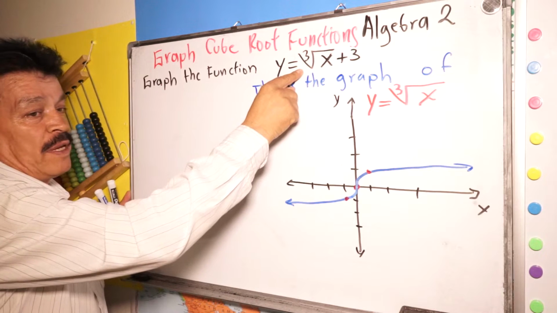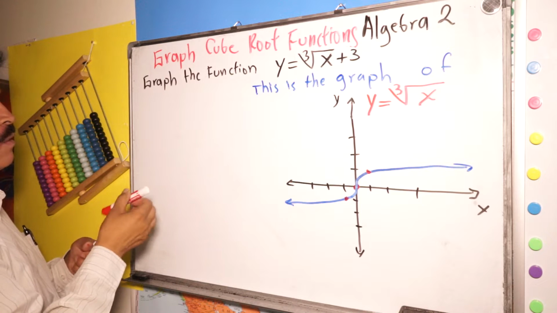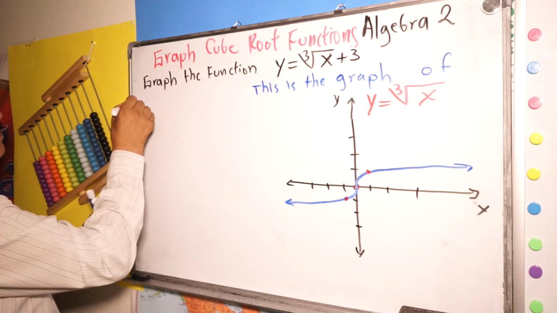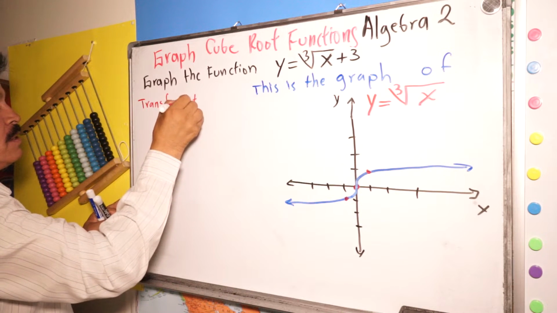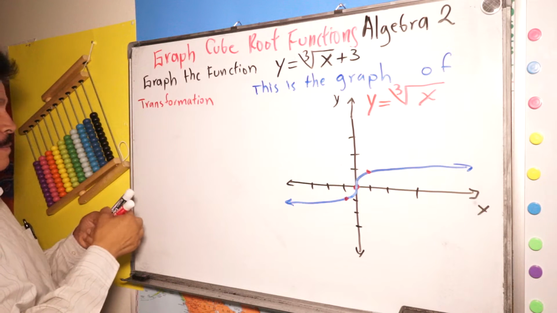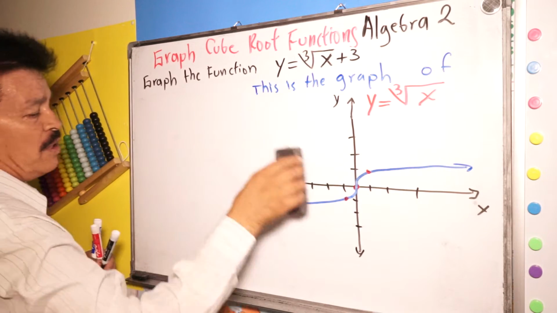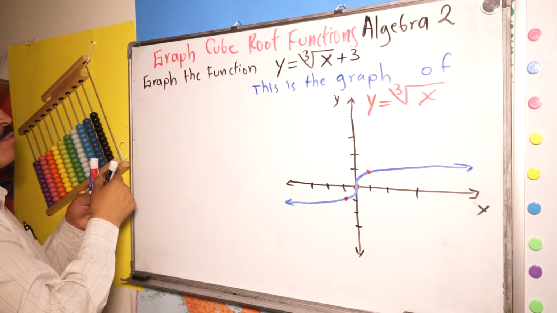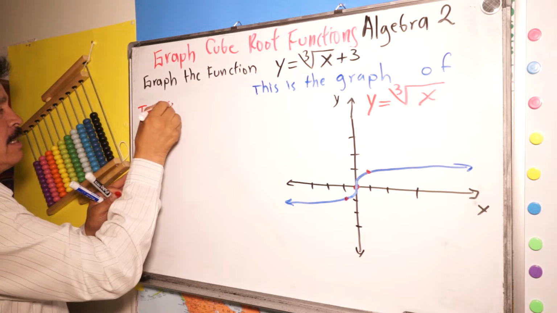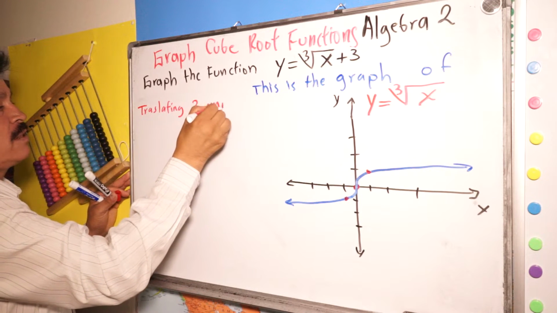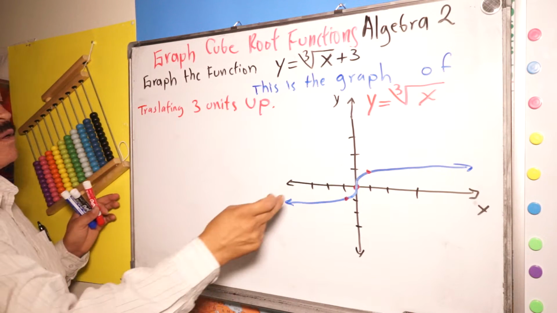This graph is translated 3 units up. So let's write right here, translating 3 units up. 1, 2, 3.